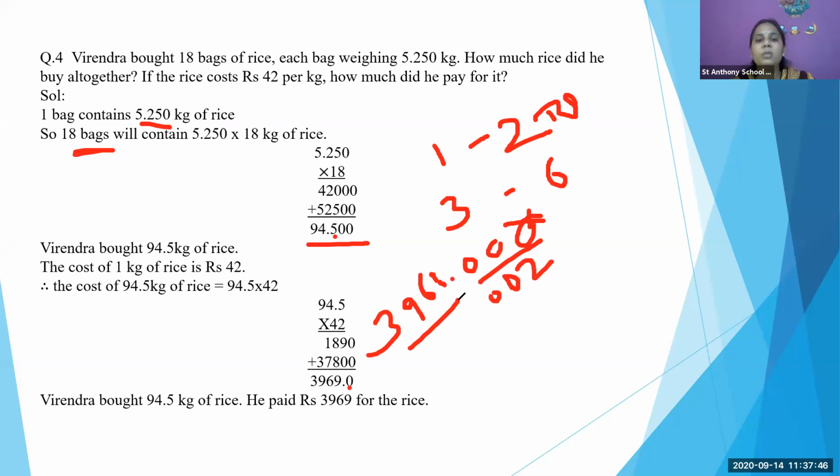So he paid rupees 3969 for the rice. Okay, let me check in the chat box. Understood everyone? So he paid rupees 3969 for the rice. I hope everyone is clear on this.